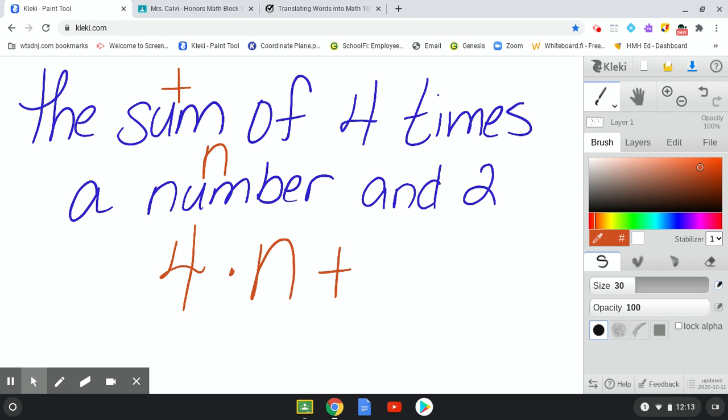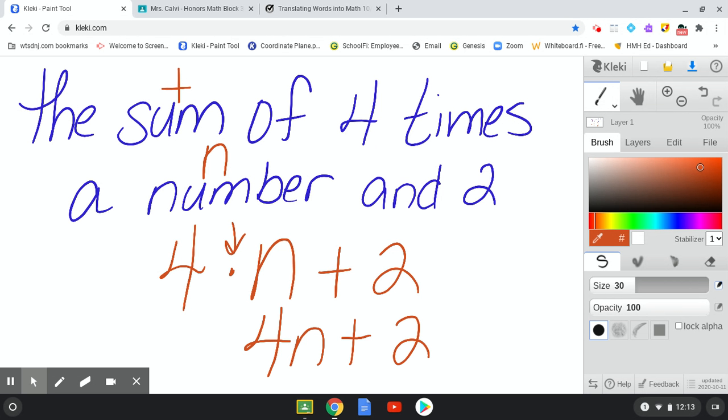So then I'm adding in 2, okay? So the sum of 4 times a number and 2. So now what I want to do is I don't need this dot here. I can just write it as 4n plus 2. All right, this is a tricky one.